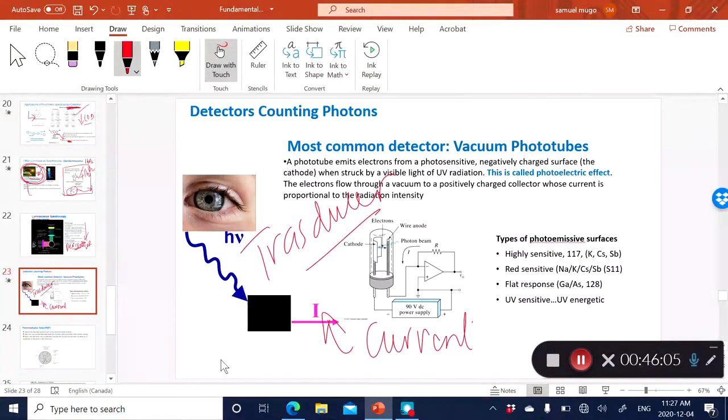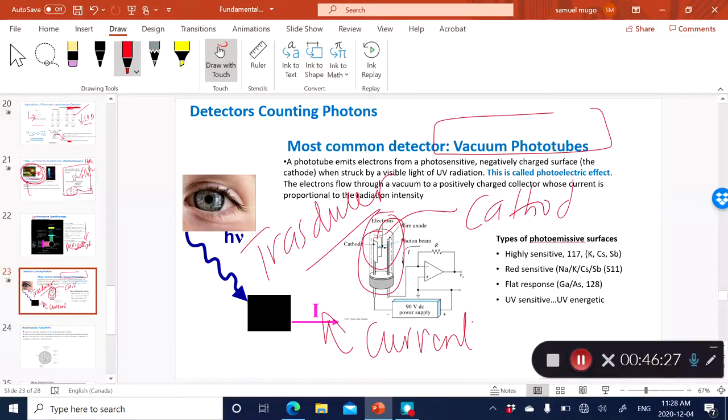A very common detector for spectroscopy is what you refer to as a vacuum phototube. A vacuum phototube is very simple. It's just a tube, as the name suggests. Within that tube, you've got an electrode called a cathode, and the cathode is coated with what you refer to as a photoemissive surface.